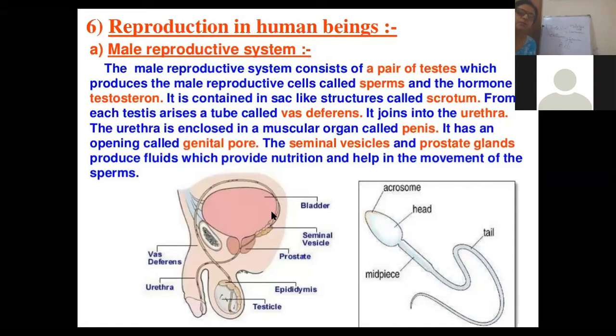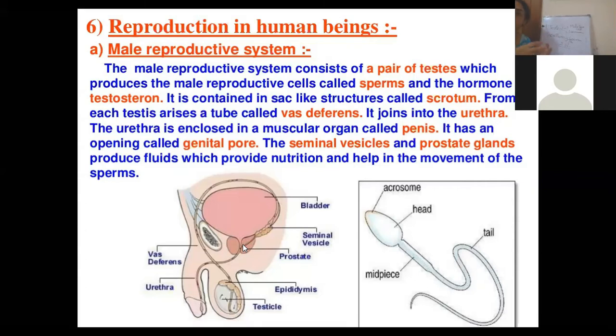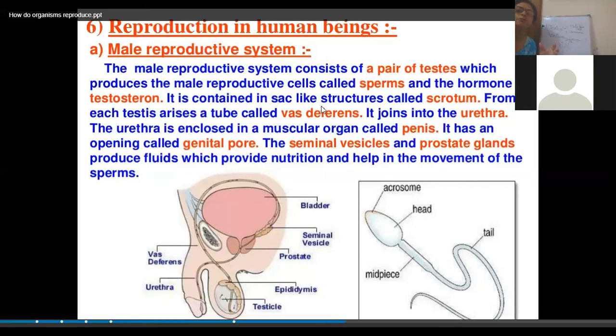Then, here where my cursor is, there is a connection between the vas deferens and the urethra. The urethra is the duct through which urine moves out of the body, right? So the vas deferens ultimately ends in the urethra.